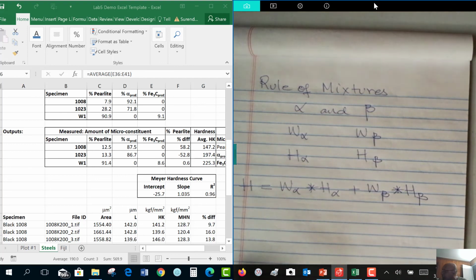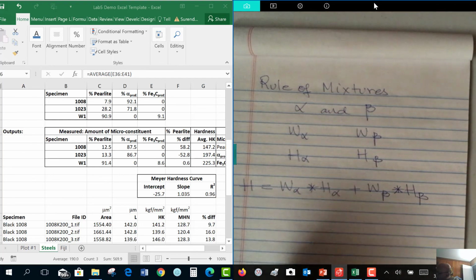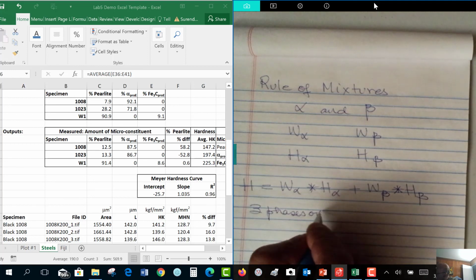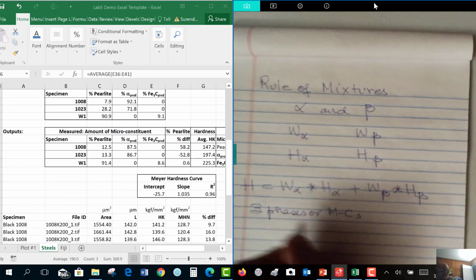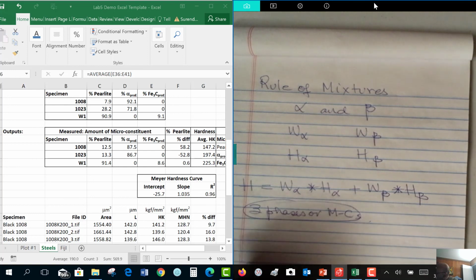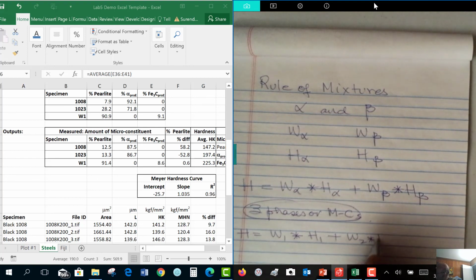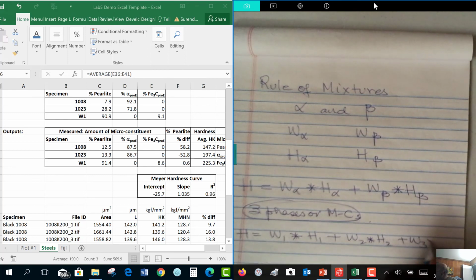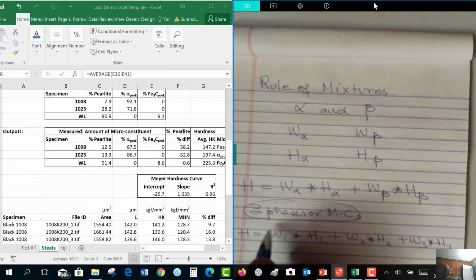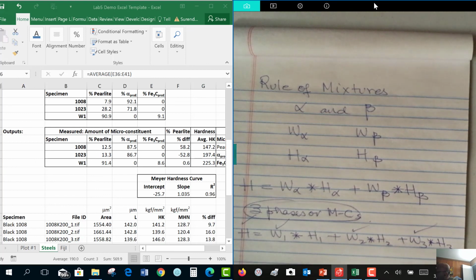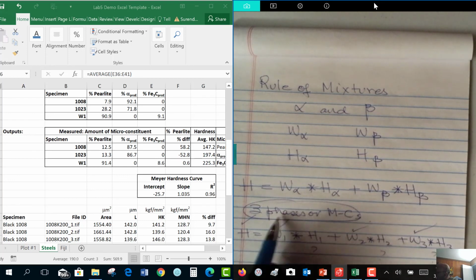So we are going to use this idea. So let's suppose we have three phases or microconstituents. So now we can say hardness is therefore W1 times hardness 1 plus W2 times hardness 2 plus W3 times hardness 3. So if we knew the weight fractions and we knew the overall hardness, and we wanted to find the hardness of each of these three microconstituents.